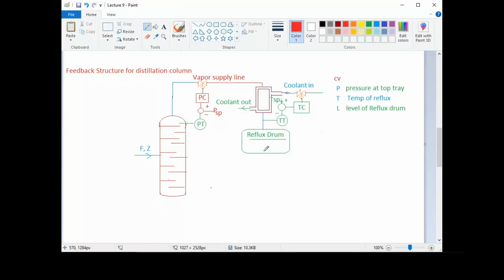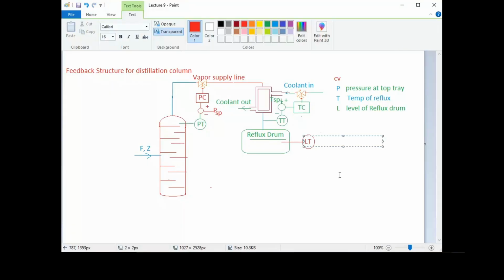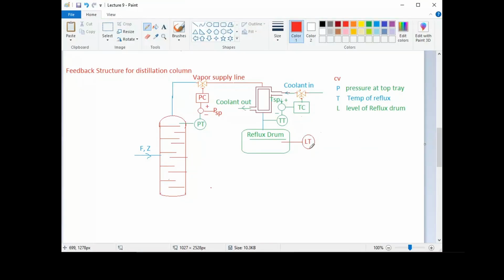Okay, so here this is also similar to what we have done earlier. Here we will measure the level of reflux inside the drum. We should measure from here. So we'll measure this using a level transmitter. Then this will be compared with the set point level, liquid level.